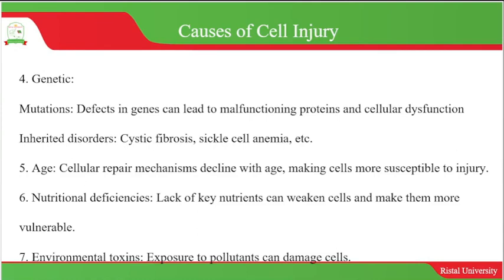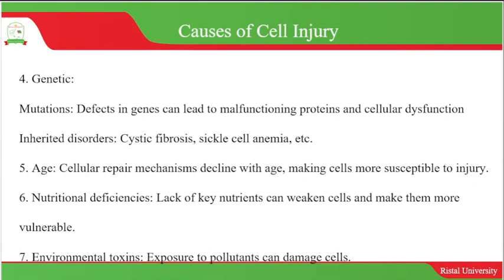So mutation, by definition, is an alteration in structure and function of a character-determining factor, which is a gene. Any alteration in the gene structure and function may lead to injury of the cell.